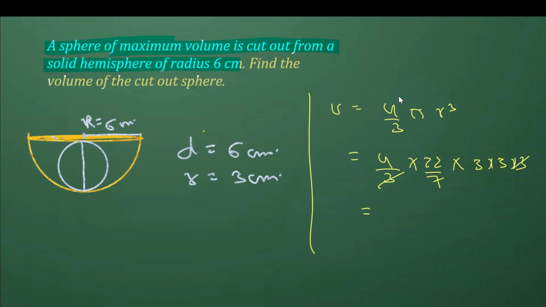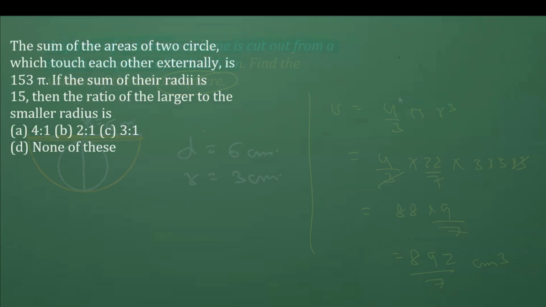The value of pi is not mentioned, so this is 88 and this is 9 over 7. So we'll multiply 88 with 9. So 88 into 9, that means 7 into 9, 72, 72, 9, 8. 792 divided by 7 centimeter cube should be the volume of this sphere.